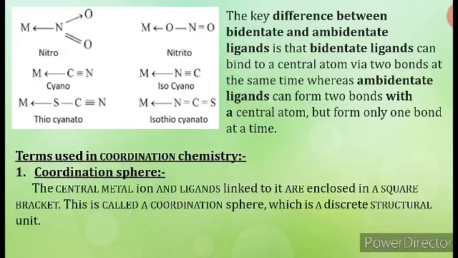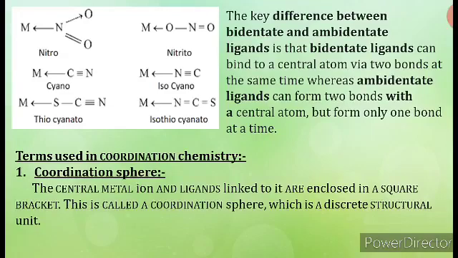Clear? So the central metal ion and ligands linked to it are enclosed in square bracket. This is called coordination sphere, which is a separate structural unit. All the ligands and the metal ion are bound together by coordinate covalent bonds.